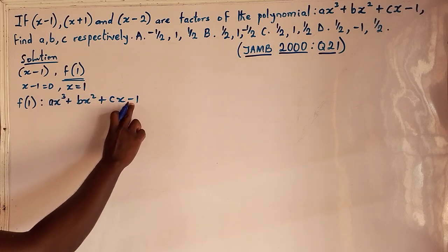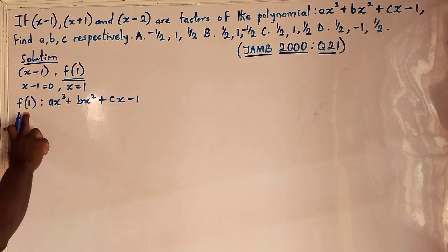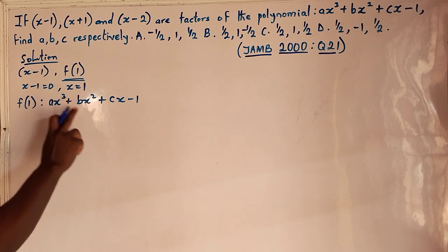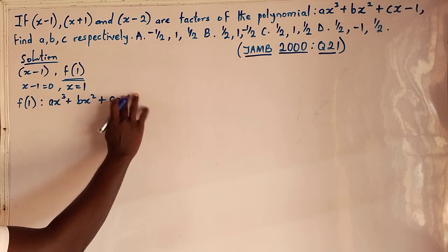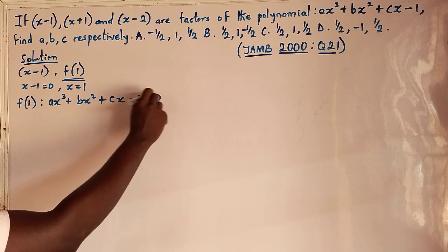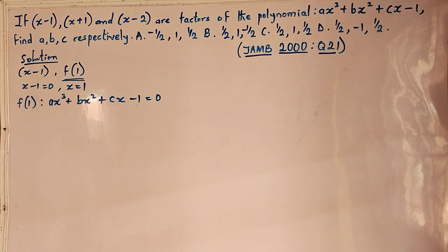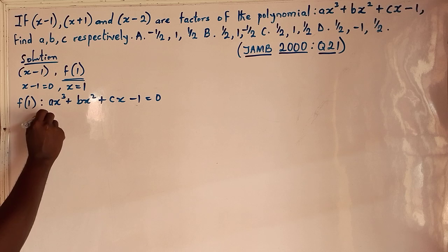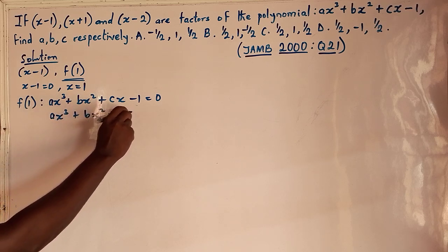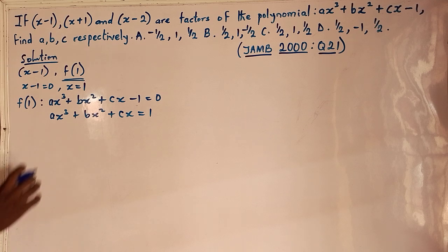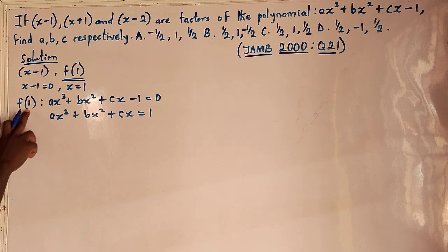Since we are taking it as f of 1, we equate this to 0. Just assume the way we have it. So this will now be ax cubed plus bx squared plus cx minus 1 equals 0, and the value of our x here is 1.